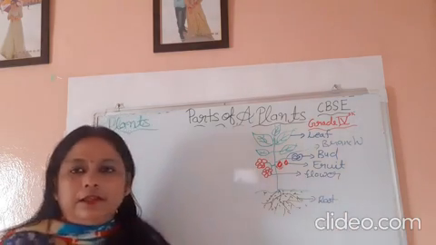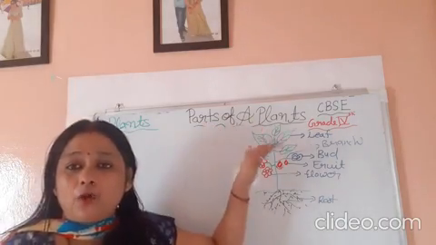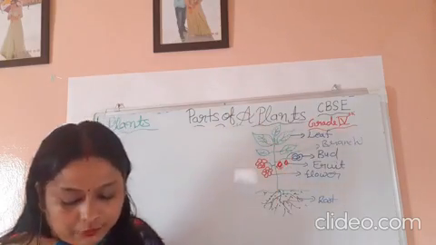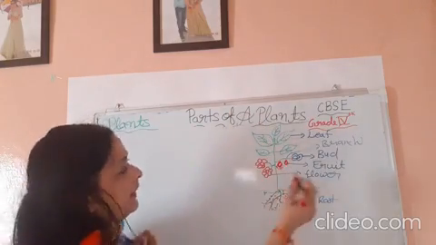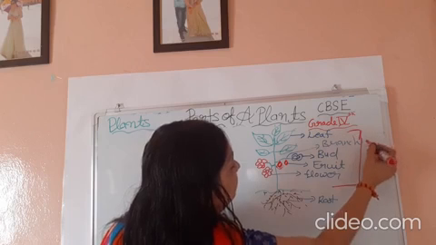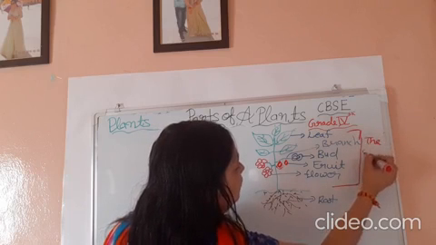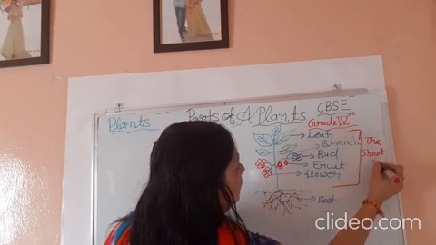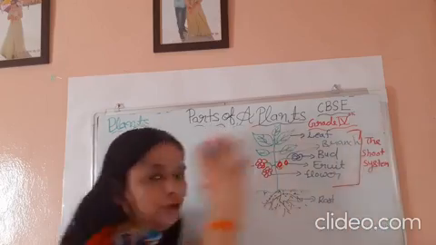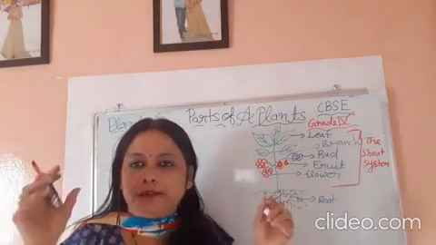We know, children, the part of a plant that grows above the ground is called the shoot system. Please see carefully. Plants have two systems, the shoot system and the root system.